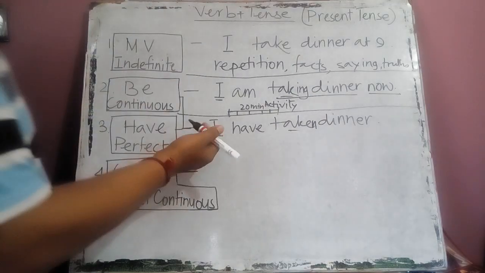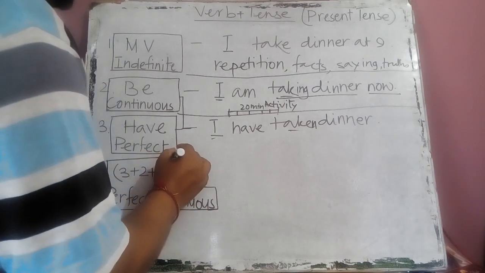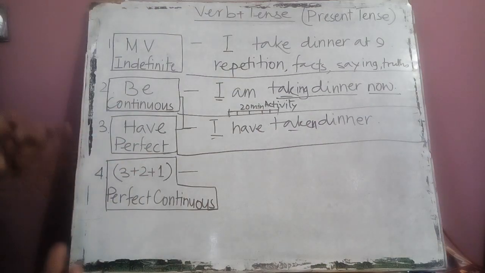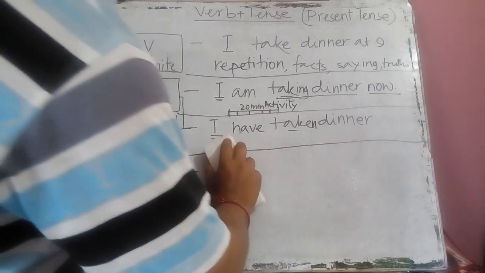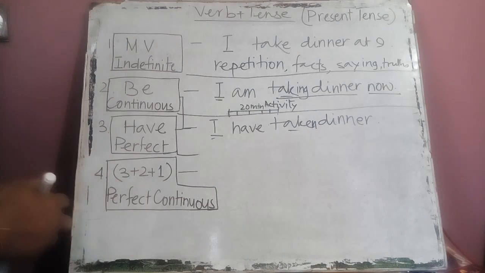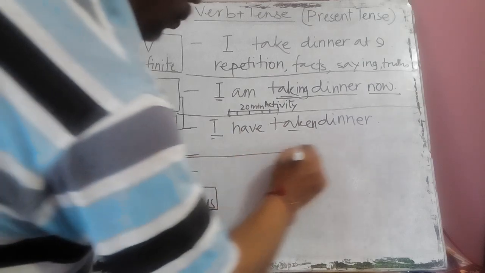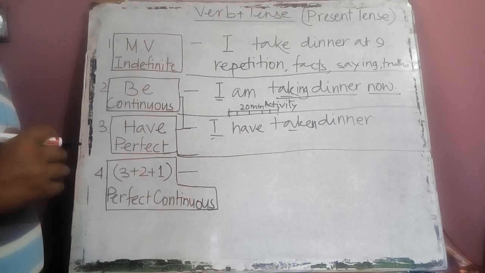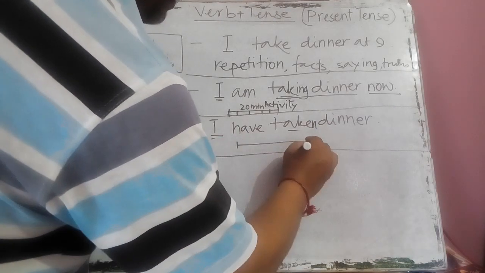So the sentence comes in this way: I have taken dinner. Now, what is the point of focus here? We must know what perfect sentences are. In case of perfect, our focus remains on knowing whether the action has been completed or not. Let's check it through this bar.